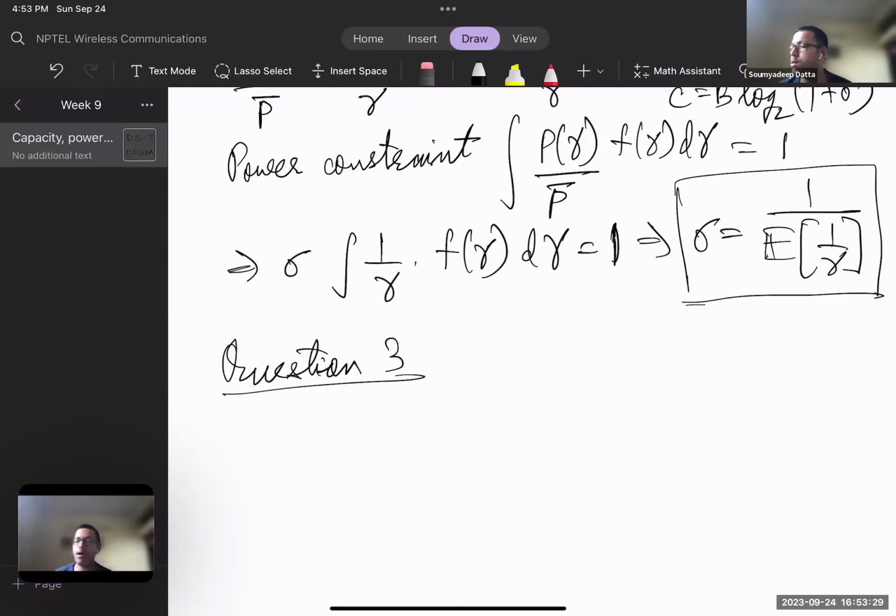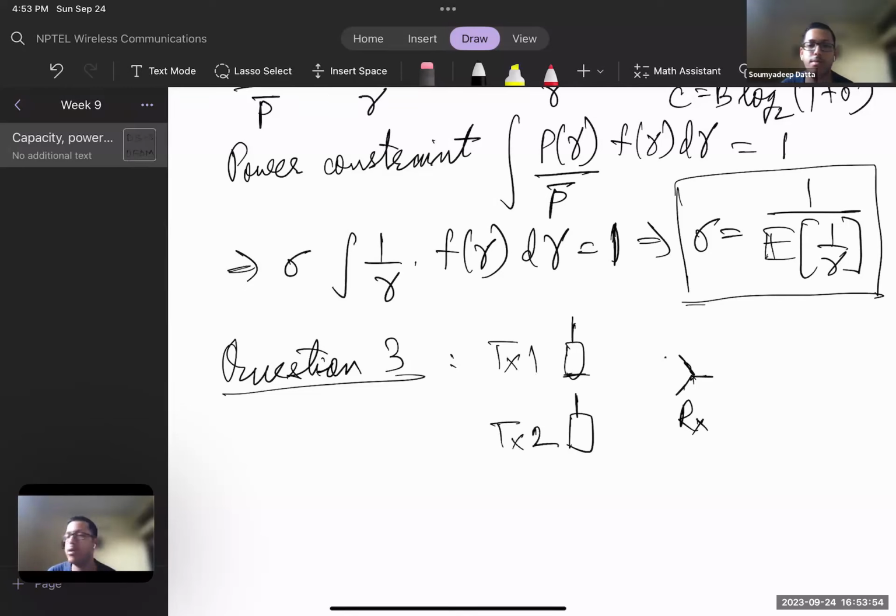So you have two users, user one and user two, which are two mobile phones, transmitting to a single receiver. This is Rx, and TX1 and TX2 are the two transmitters.